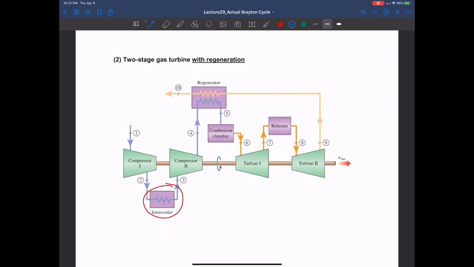By having multi-stage compressors and multi-stage turbines, but by having additional regenerator or additional heat exchanger, we can still improve the thermal efficiency. So by having regenerator, we can improve the thermal efficiency, but still by having reheater and intercooler, we can have more net work.